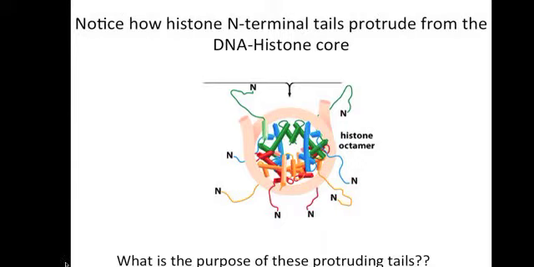They might recruit other proteins that are going to be involved in tightening up the binding of the chromatin, so that there will be no gene expression, you'll have repression.